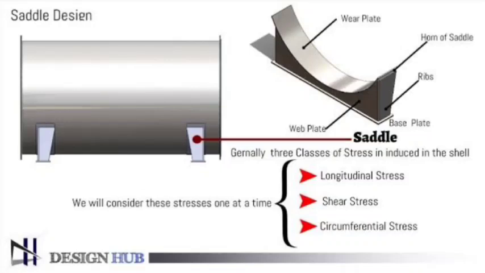When the wear plate effect is ignored, PVElite is assuming that the saddle is directly welded to the shell, and the entire stress distribution is on the shell. But when we take the width of the wear plate more than the minimum calculated width, it takes into effect that reinforcement, so the stresses in the shell are considerably reduced. Okay.